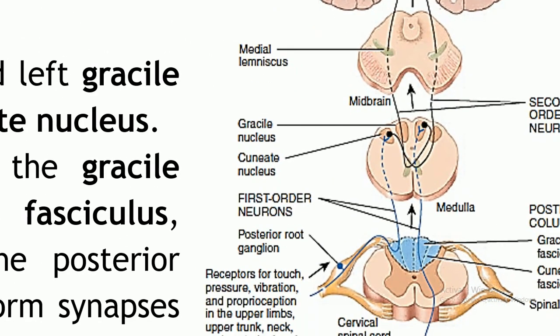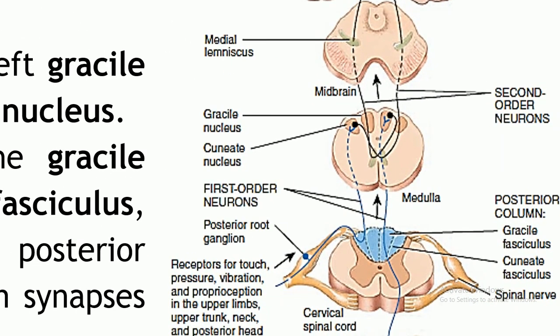Let me zoom in for you, it will become clearer. That's the gracile fasciculus and that's the cuneate fasciculus. As you can see, this is a sensory nerve which is shown over here, right? So this is a tract which will comprise a number of axons. This neuron will ascend into the medulla towards this gracile nucleus and it will form a synapse over here.